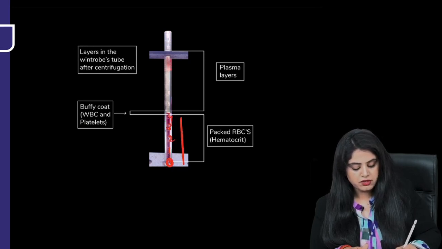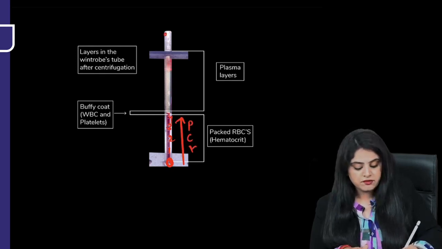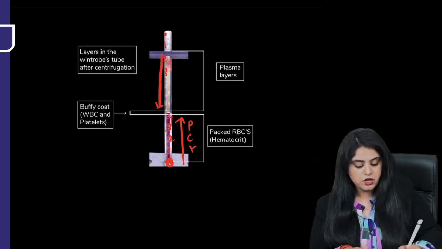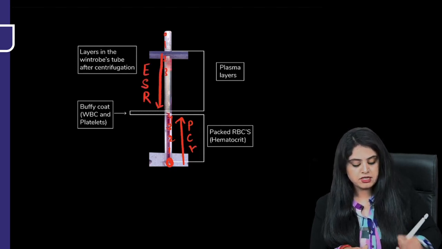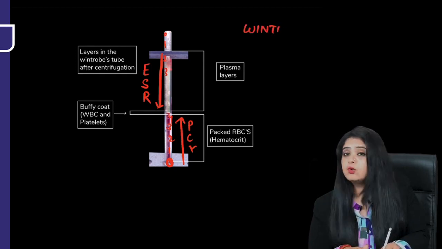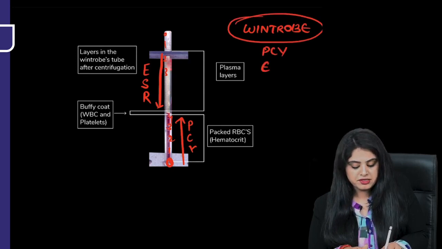If you start counting from the bottom, you can count the packed cell volume. Whereas, you will also see 0, 1, 2, 3 from the other end. So, if you start counting from the top, you can count the erythrocyte sedimentation rate. So, you can do 2-in-1 use of this tube. Although it's a small name, it's very useful, and that is the Wintrobe, which can be used for PCV as well as the ESR estimation.